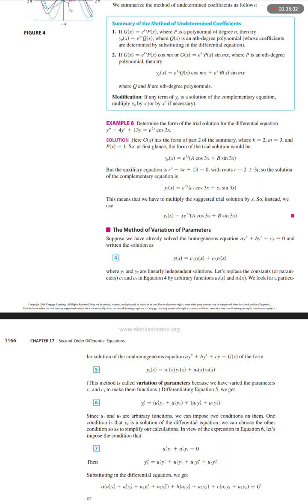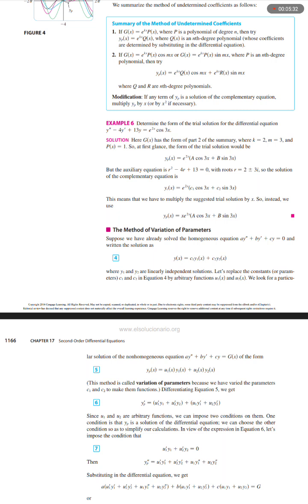So at first glance, the form of the trial solution would be y_p(x) = e^(2x)(A cos 3x + B sin 3x). But the auxiliary equation is r² − 4r + 13 = 0 with roots r = 2 ± 3i.